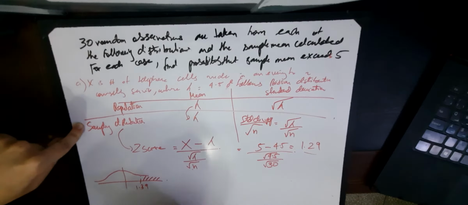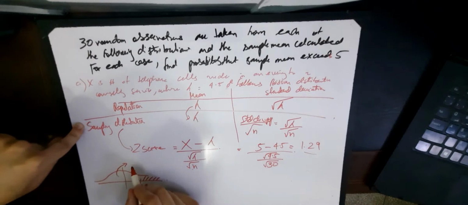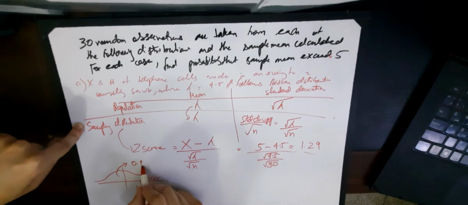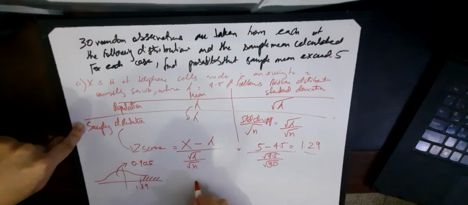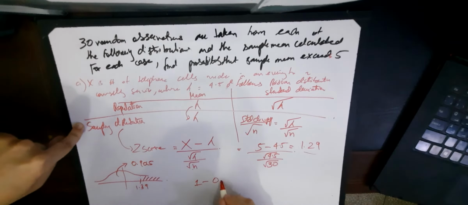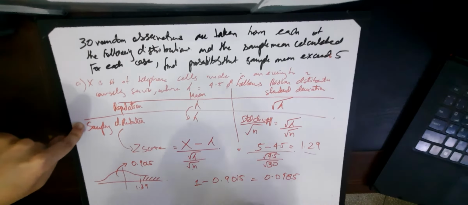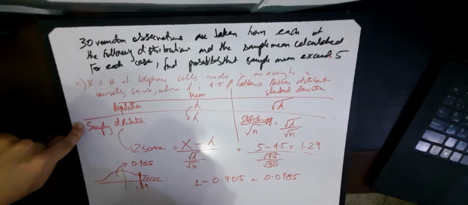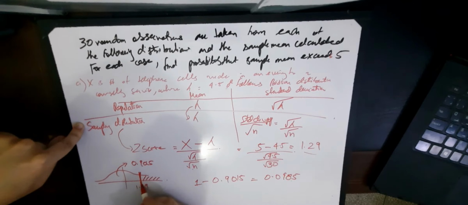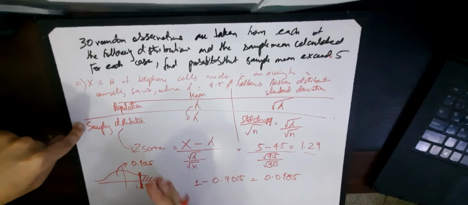So when I look at 1.29 in the z-table, what I'll get is the area for this part, which will be equal to 0.9015 for this specific value. And I'll just subtract this, 1 minus 0.9015, to get the area of this part, which will be 0.0985. Again, because I was trying to look at the probability above having a mean of 5.